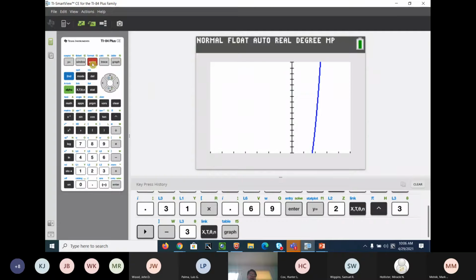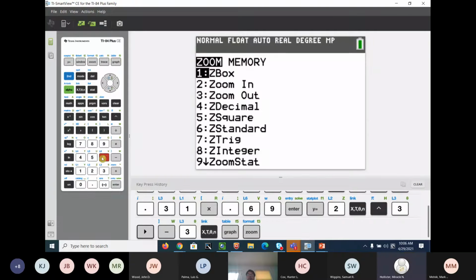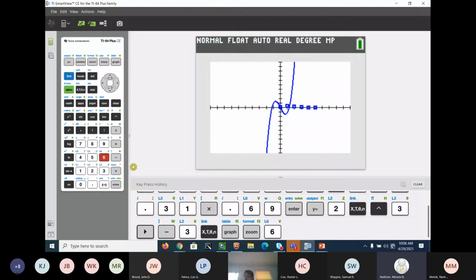Zoom standard. Okay, so we've got a curve that looks like this. Okay, and let's see what that x-intercept is right there.